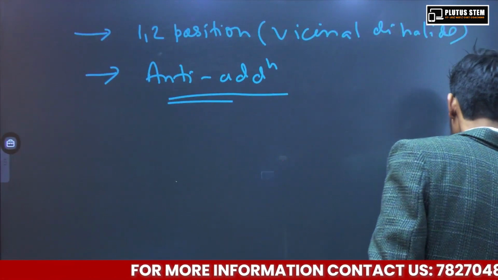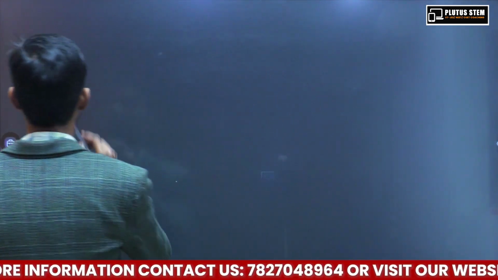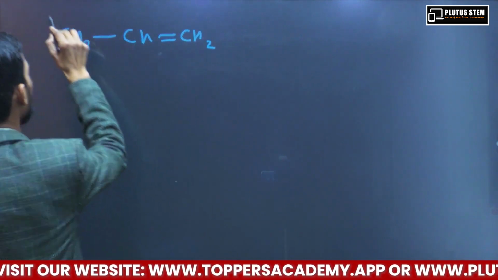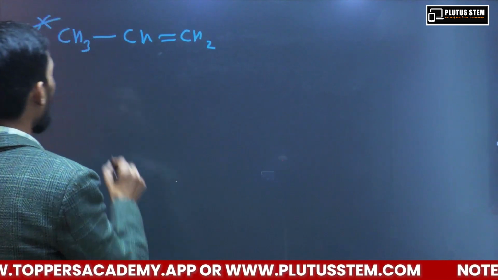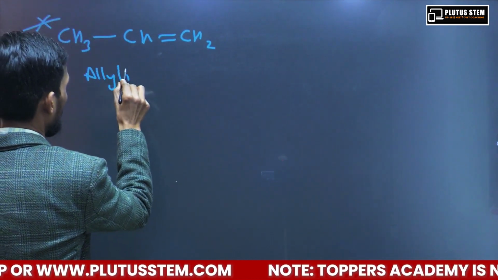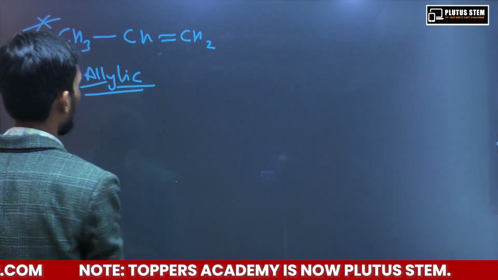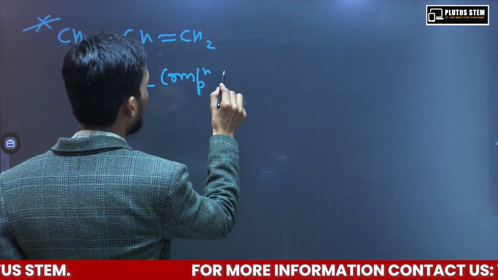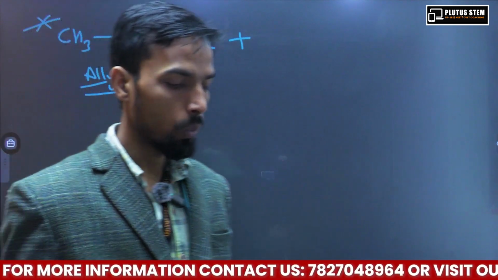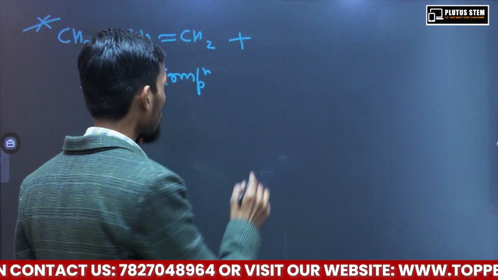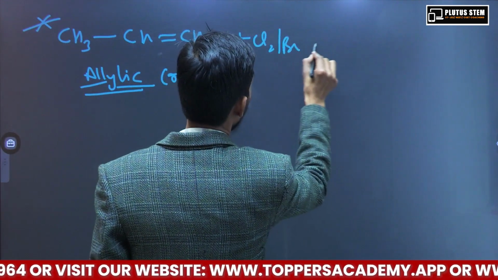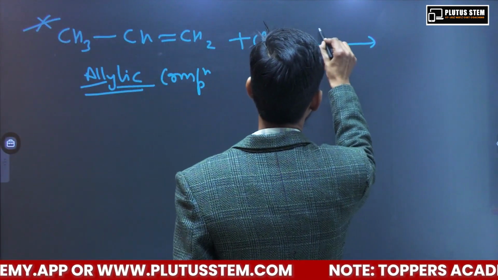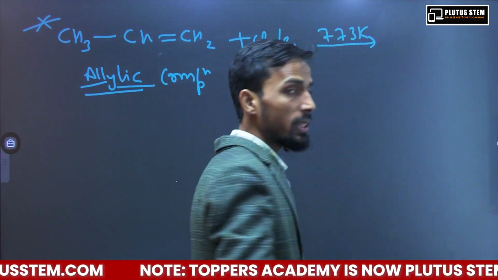Now we will see some few important types of reaction. If we have an allylic compound, and this allylic compound reacts with Cl2 or Br2 at a higher temperature, nearly 773 Kelvin, the temperature is quite high.